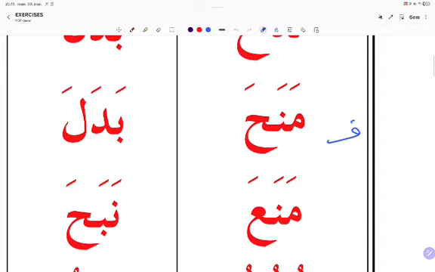Does it look like fa? No. Kha? No, because it doesn't have the head. Does it look like ghain? No, because where's the triangle head? Ain had a triangle head, and ghain also has it, but with a dot. So it doesn't have that head.